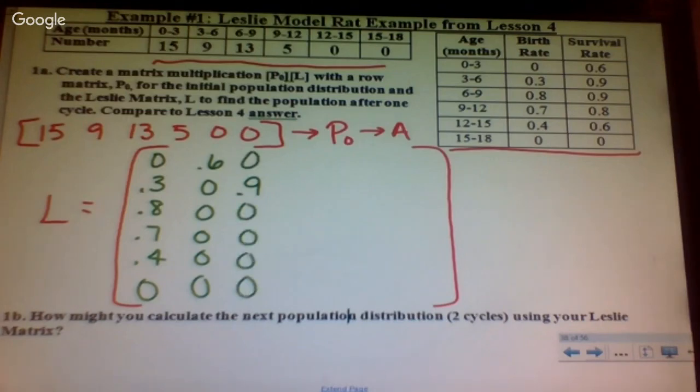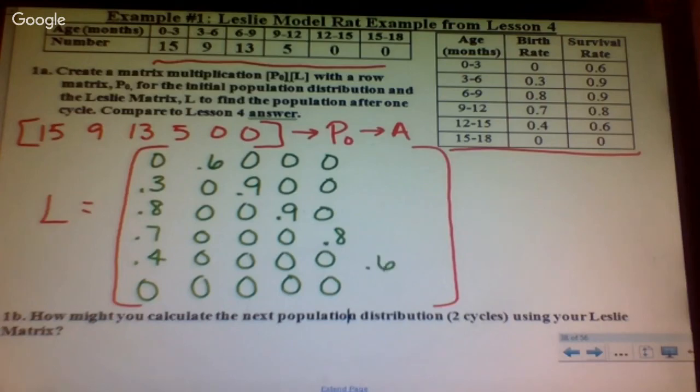The next column is my 6 to 9. Again, make sure it's in the right position. The next column is going to be my 9 to 12. Each time you fill in a survival rate, you're moving down one row. So then 0.6 goes here.